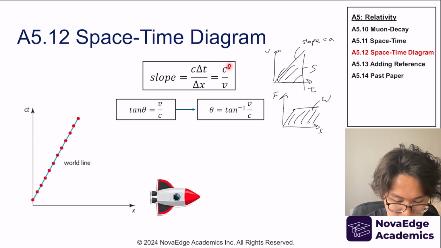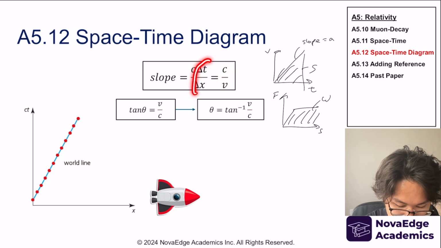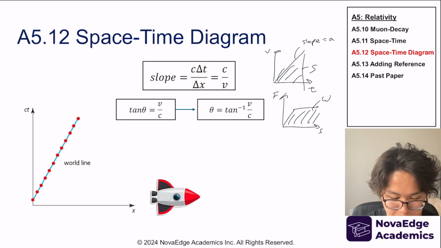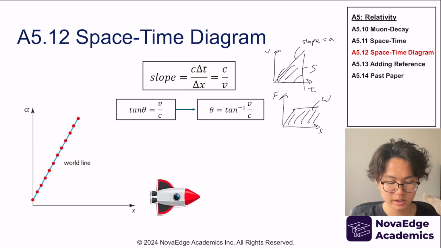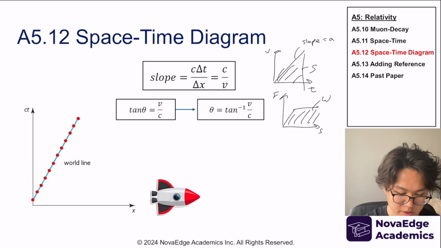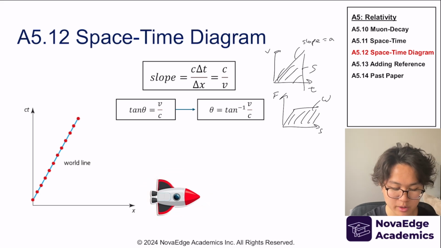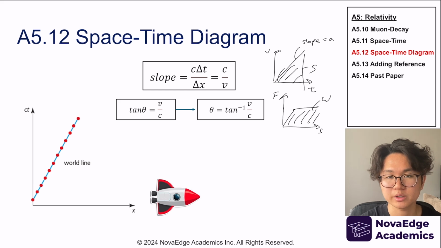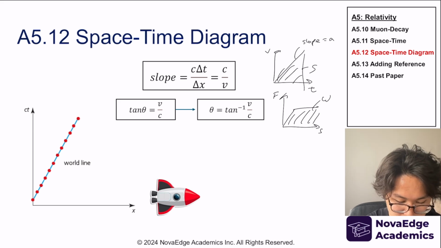That's actually just going to give us c over v because guess what? This part is 1 over v. Okay, so it gives us speed of light over velocity of this object traveling. So in this case, it's the velocity of the rocket, right? So I can see from this diagram what the velocity of the rocket is. And that's dependent on the slope.